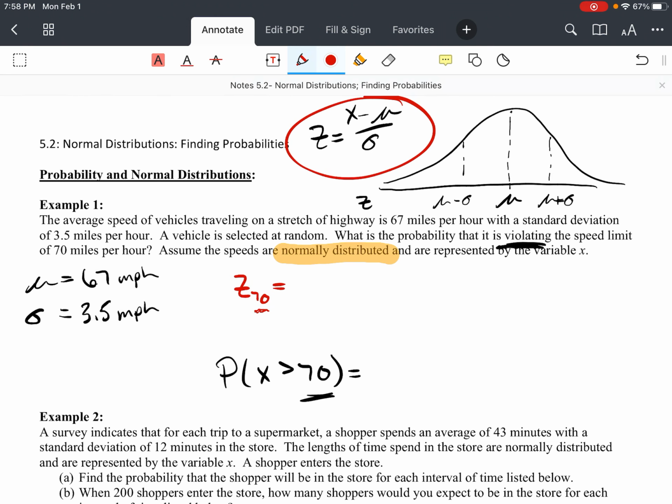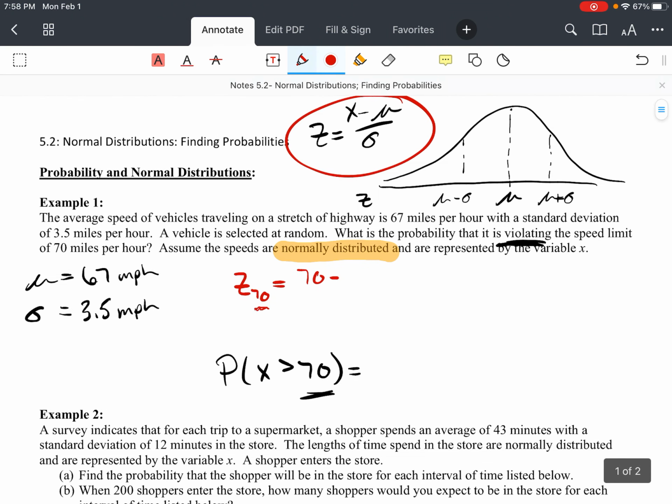Using our z-score equation, we would say 70 minus the mean, which is 67, divided by the standard deviation, 3.5. When we do this, we get approximately 0.857. Use your calculator to check me, but this is our z-score.